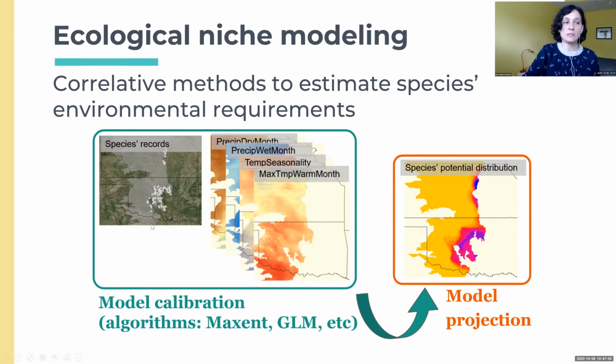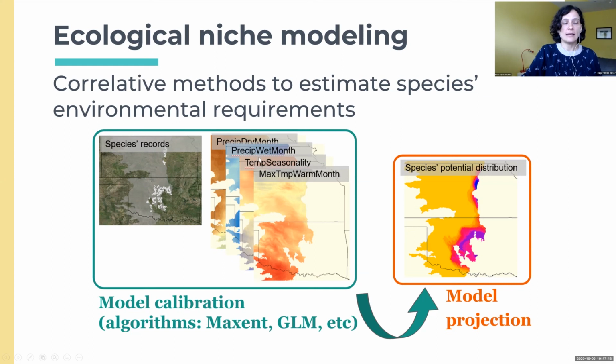So we have species records, locations with latitude and longitude, so spatially informed locations of observations or collections of a species of interest.